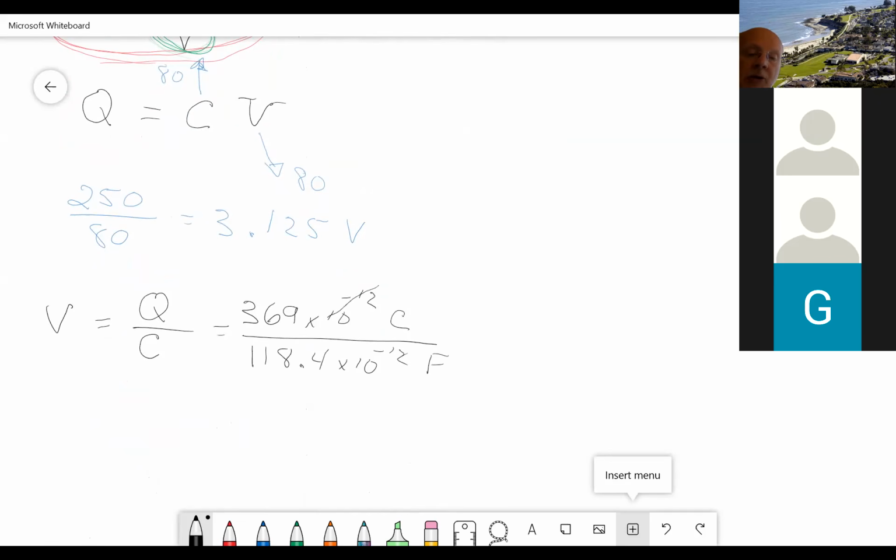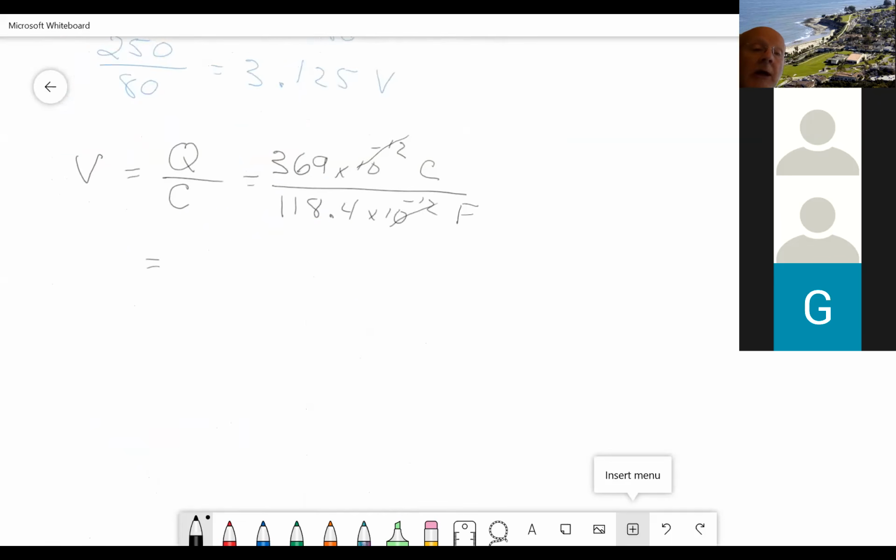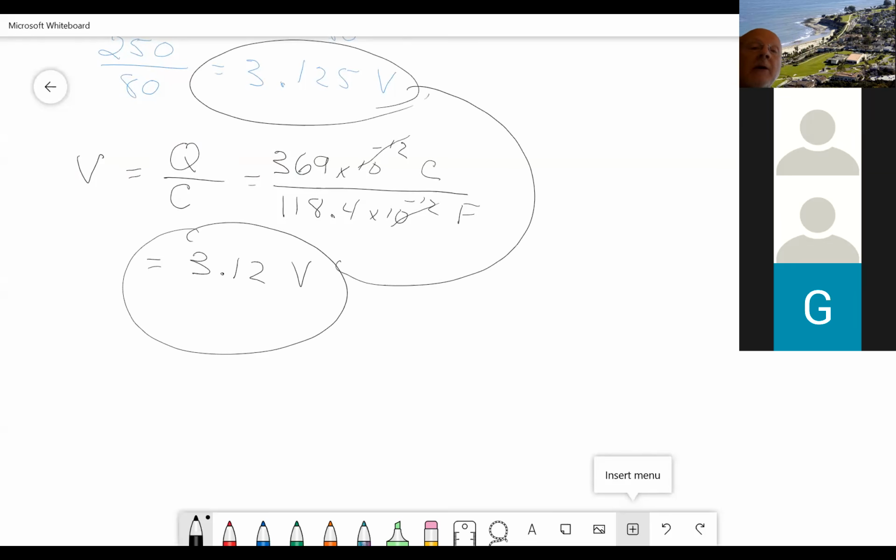And the 10 to the minus 12 shows up on top and bottom, so that'll save me a little bit of math. I won't actually need to do that math. And so I'll just take the 369 and divide it by the 118.4 and come up with 3.12 volts. Yay, and so sure enough, that does match that.